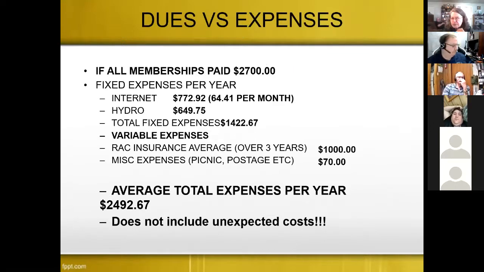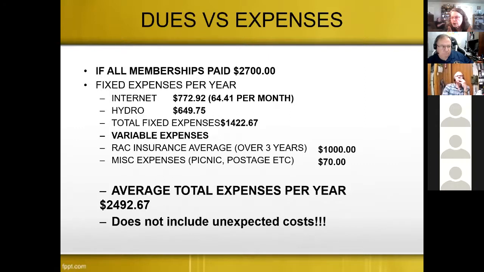So if all our memberships are paid by the end of March every year, we get $2,700. Our fixed expenses for the year are our internet, which comes to $772.92. Our hydro, which is $649.75. So gives our total fixed at $1,422.67. Now, the rack insurance will vary every year depending on who is a rack member, who isn't.